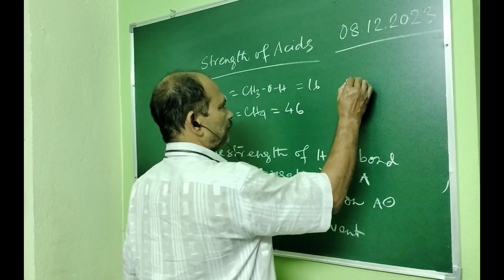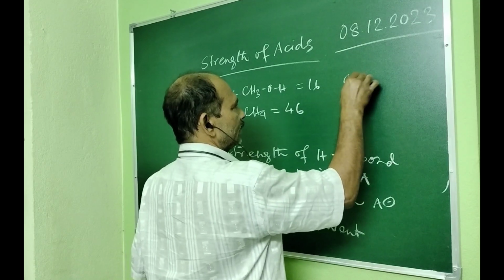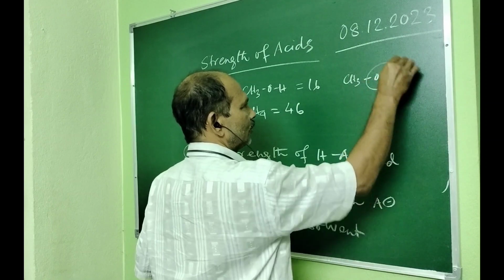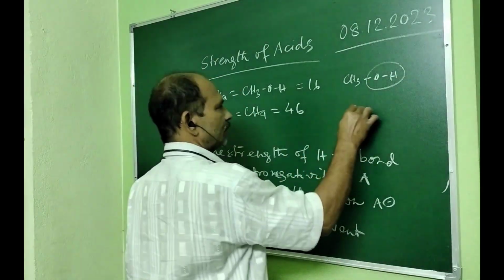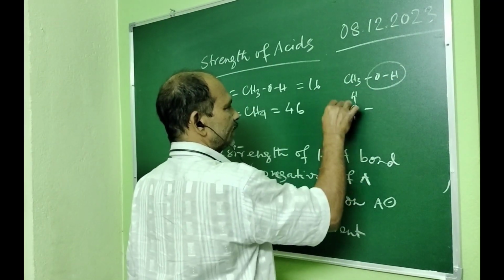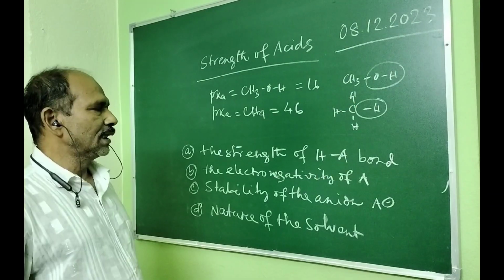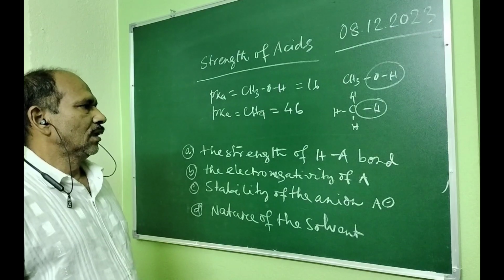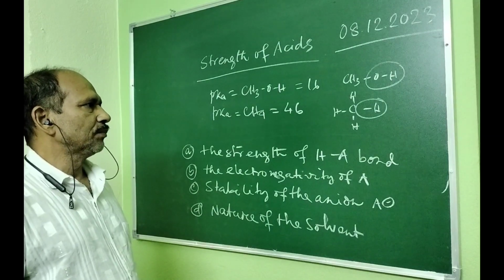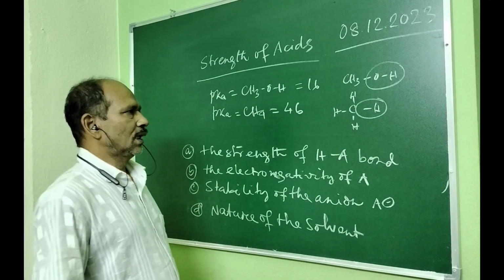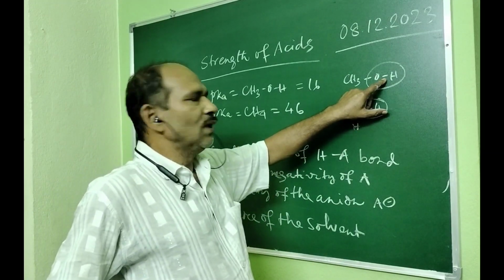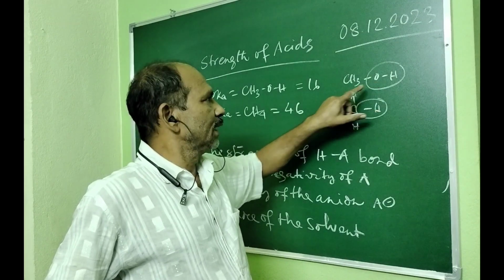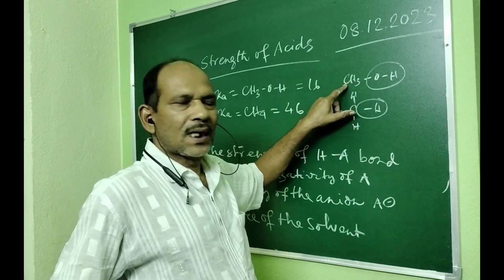In CH3OH there is an OH bond, but in CH4 all the bonds are CH. As the electronegativity of oxygen is more than carbon, in methanol the electron density of the OH bond is more shifted towards the oxygen atom, as oxygen is more electronegative than hydrogen as well as carbon.